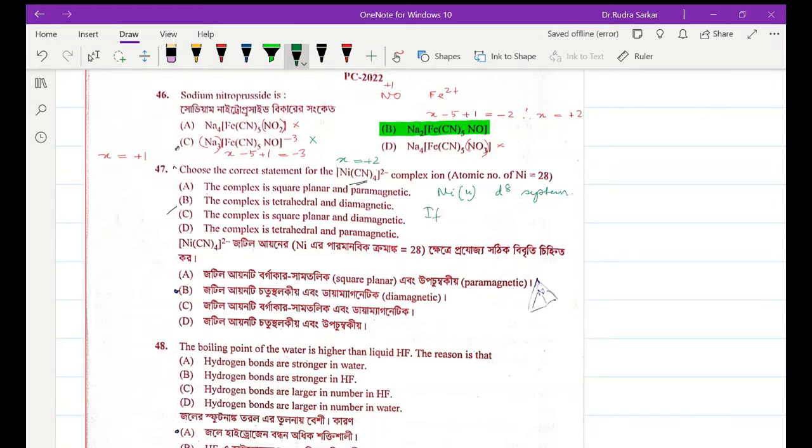If 4 ligands are present, complex may be tetrahedral or square planar.